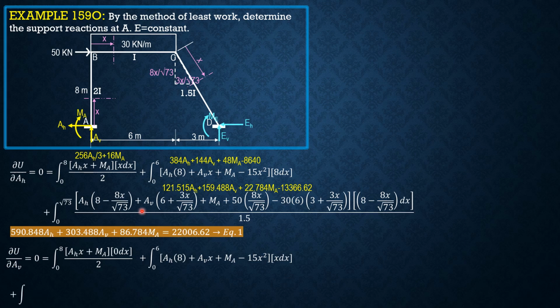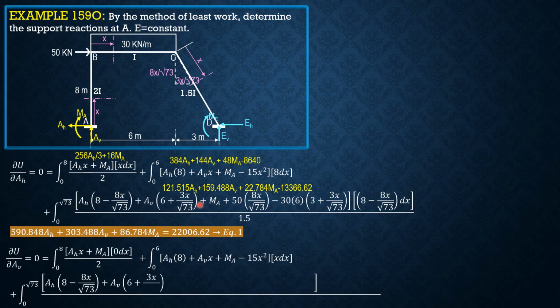Then copy the third integral 0 to square root of 73 of quantity AH times 8 minus 8x over square root of 73 plus AV times quantity 6 plus 3x over square root of 73 plus MA plus 50 times quantity 8x over square root of 73 minus 30 times 6 times quantity 3 plus 3x over square root of 73 times quantity 6 plus 3x over square root of 73 dx over 1.5.